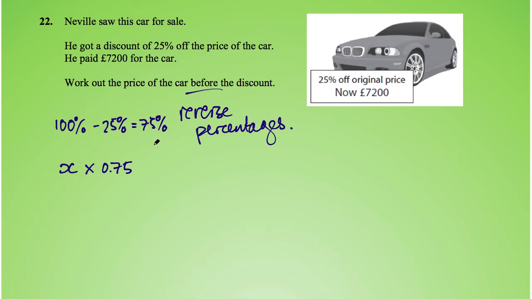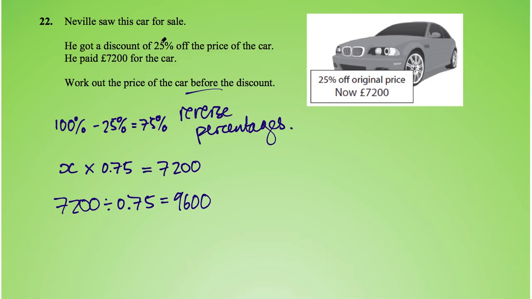So if we were working forwards, we'd do X times 0.75, and that would lead us to the new price. So working backwards, the only time you divide with percentages, 7,200 divided by 0.75 gives you 9,600. So that's the original price.